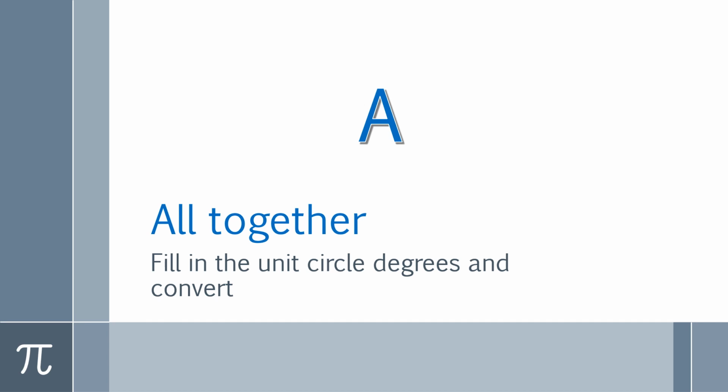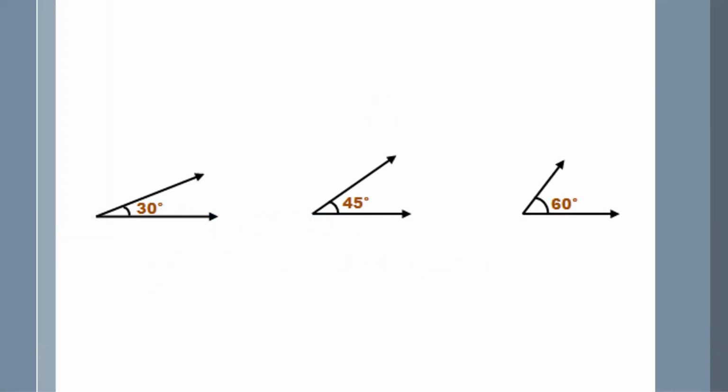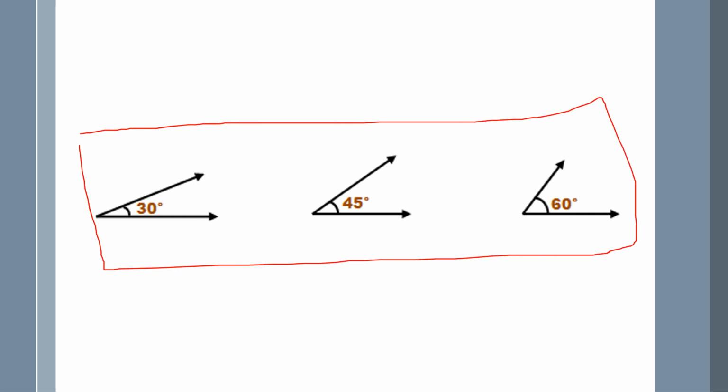All together, you're going to fill the unit circle degrees and you're going to convert degrees to radians and vice versa. So when you try to build a unit circle, these are the most critical angles that you're going to be dealing with: 30, 45, 60, and one more that you're going to be dealing with: 90.